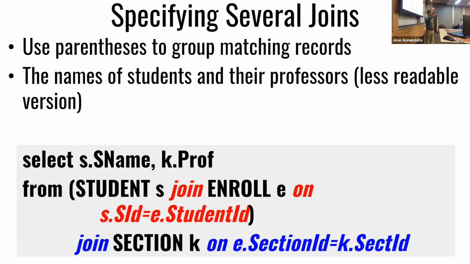Where the output of the first join is then the input of a second join. So here's the first join, which is then used as an input for the next join, where we are joining with the section table on a different predicate.